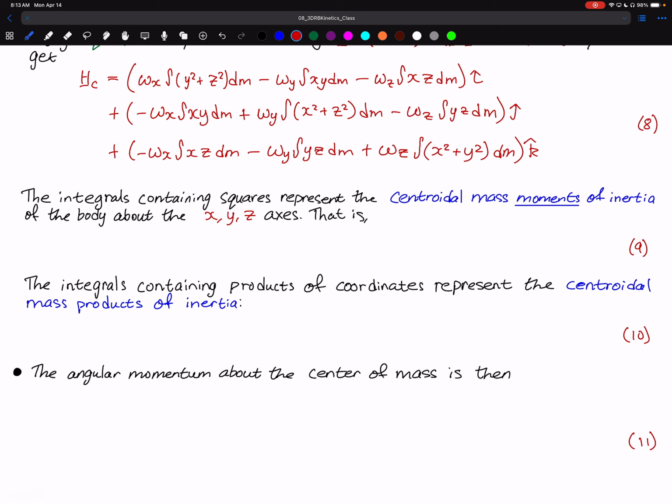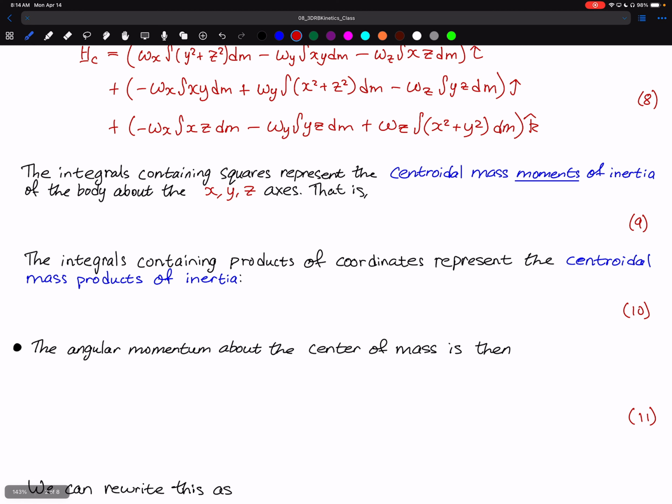All right, so the integrals containing the squared coordinates are what we call the centroidal mass moments of inertia about this axis xyz, and we will call them I sub xx is equal to our integral of the quantity y squared plus z squared dm.